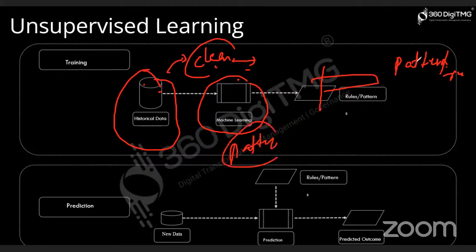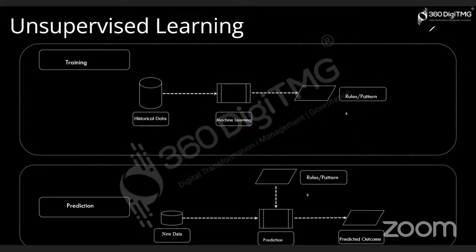That patterns only machine learning will learn, and it comes up with some rules and pattern. Then if you supply the new data, it will segregate based on the pattern that machine learning learned. Based on that, it will do the segregation, or it will do the prediction.